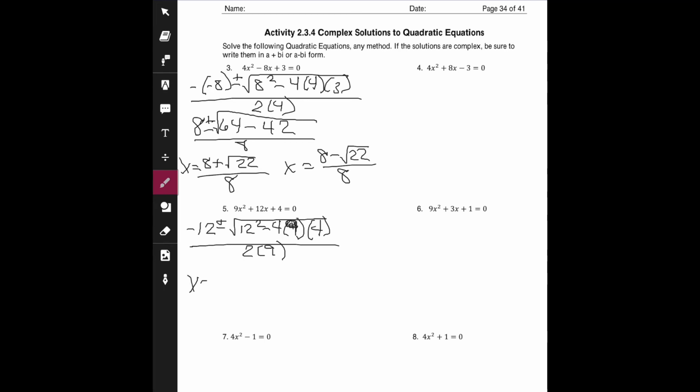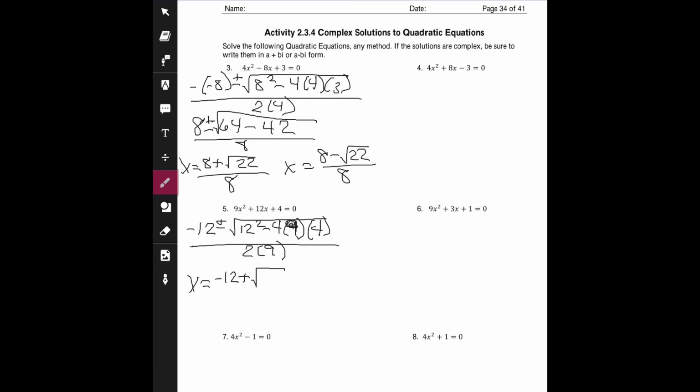So I'm going to get x equals negative 12 plus the square root of 144 minus 4 times 9 is 36. 36 times 4 is 144.